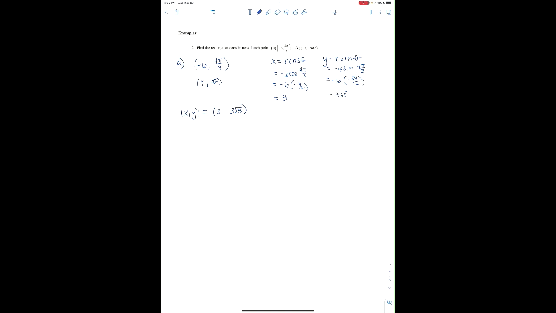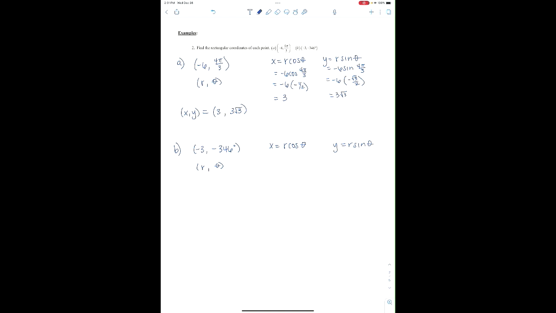Okay, that one was in radians. So now let's look at one that's in degrees. This one is -3 and -346 degrees. So this time we're still working with r and theta, and we're still going to find x is r cosine theta, y is r sine theta.